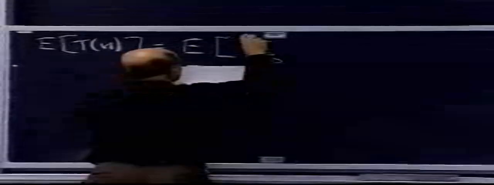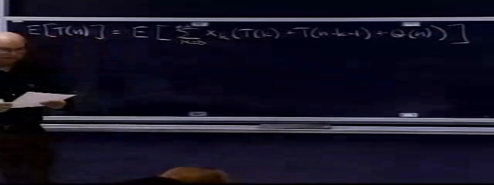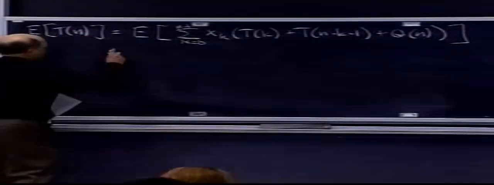So I get the expectation of T of n is equal to the expectation of that thing that I have there: the summation k equals 0 to n minus 1 of X_k times (T of k plus T of n minus k minus 1 plus theta of n). Okay? How's that? So let's do some mathematics now.